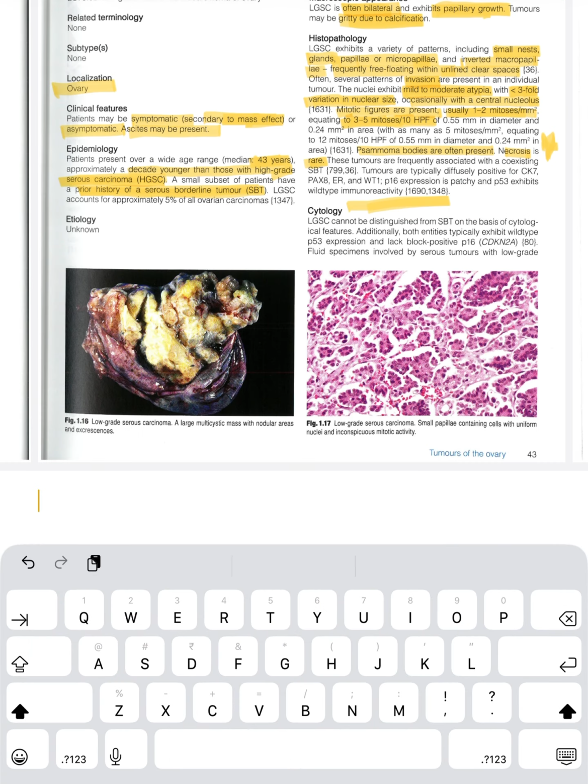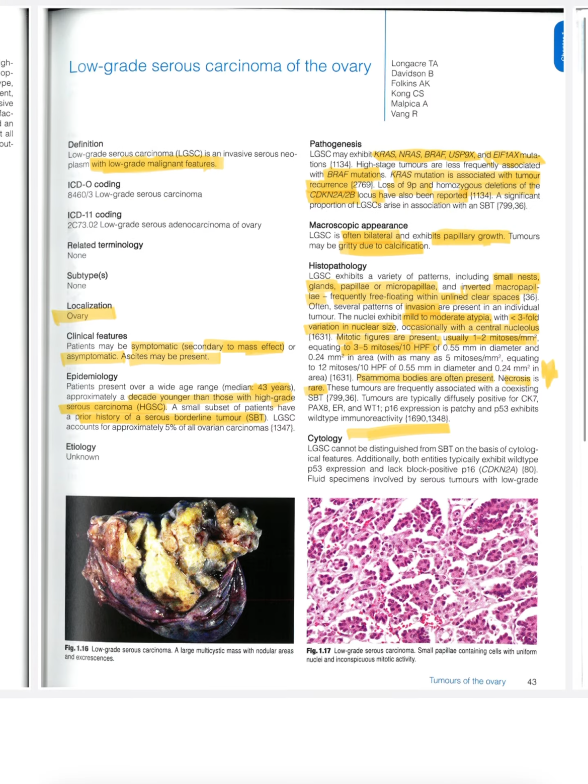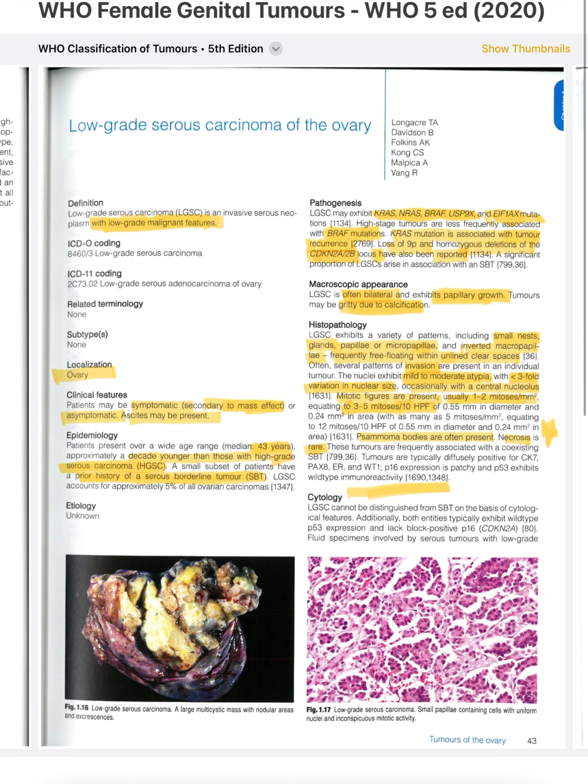Necrosis is rare. Necrosis is common in high grade serous carcinomas. They are frequently associated with coexisting serous borderline tumor. These tumors are diffusely positive for CK7, PAX8, ER, WT1, while P16 expression is patchy, and P53 exhibits wild type immunoreactivity.